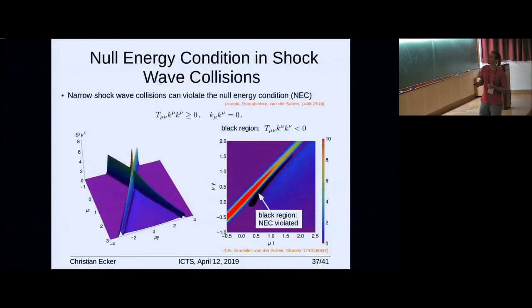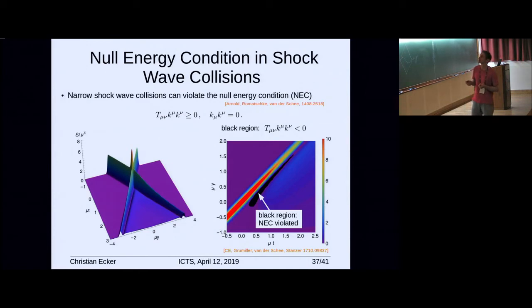Okay, these narrow shocks, they also have some very special properties. What I already mentioned before is that when you choose these shock waves narrow enough, you can, in the forward light cone, form regions where the energy density actually becomes negative. Furthermore, these shock waves can violate the so-called null energy condition.